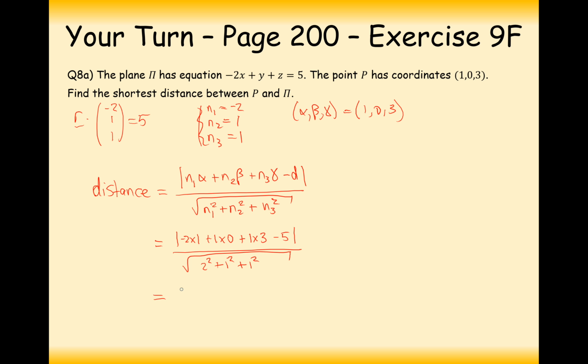So on the top in total we get minus 2, plus 3 is 1, minus 5 will give you minus 4, over the square root of 6. Now we need to modulus the top to make sure it's a positive distance, so your answer is just 4 over the square root of 6. Okay, so that's how we do that question.